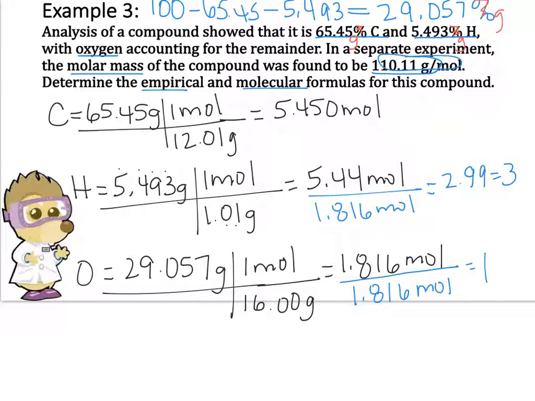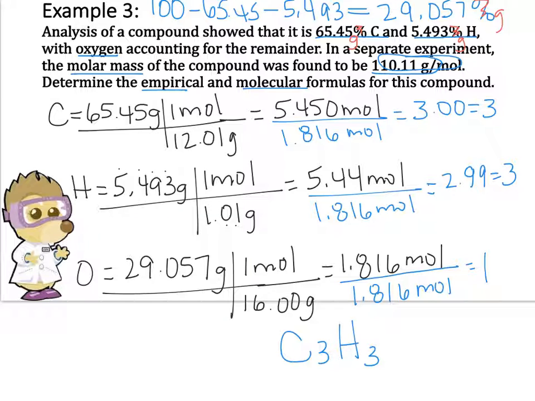So when I round it to get the whole number, I get a 3. And then I get a 3.00, which is my 3. So to write the formula, I've got C3H3O. And this is my empirical formula.